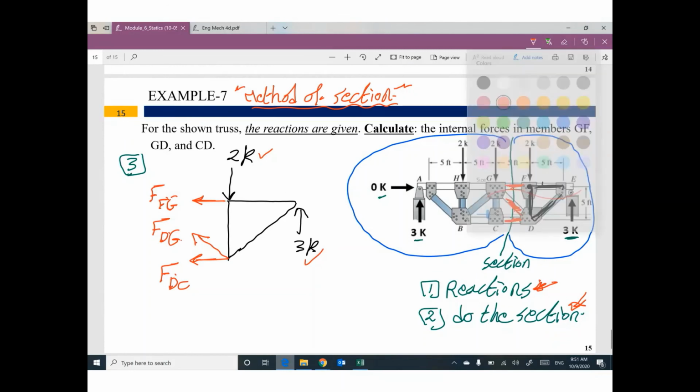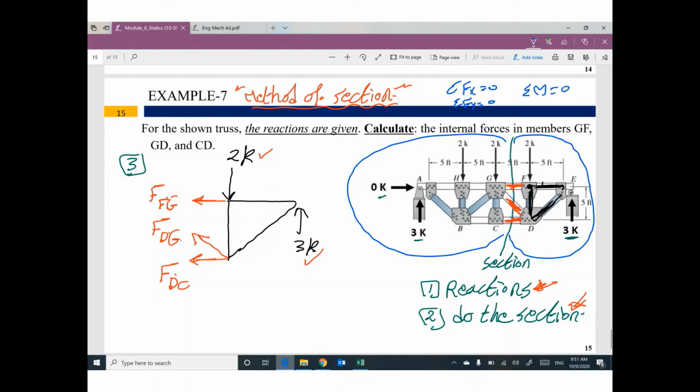Last step, we have 3 equilibrium equations. Summation Fx equals 0. Summation Fy equals 0. Summation moment at any point equals 0. Let's start. Summation Fx equals 0, for this part only. The horizontal distance is 5 and the vertical distance is 5, so this angle is 45 degrees.